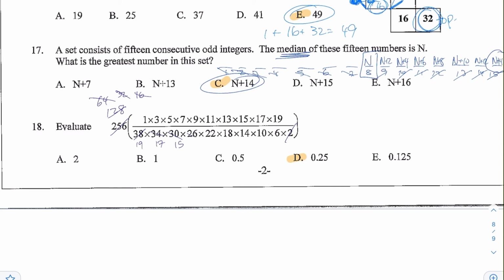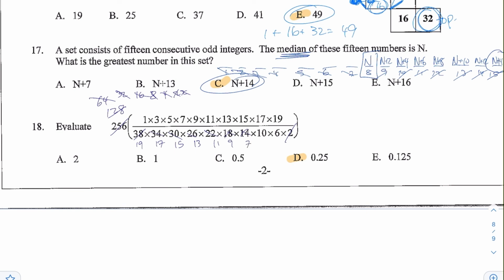And 16 cross cancels with the 2 in the denominator of this 26, which becomes 13. And this 8 cross cancels with this 22 to get 11 and 4. And 4 is really 2 2s. So the next 2 will also get cross canceled to form 9 and 7.